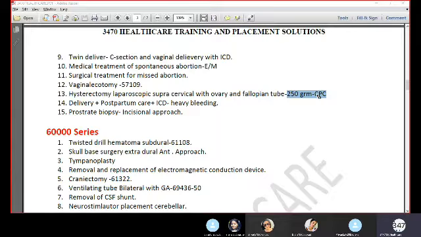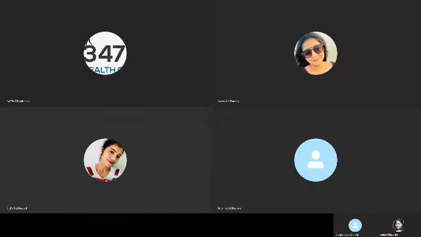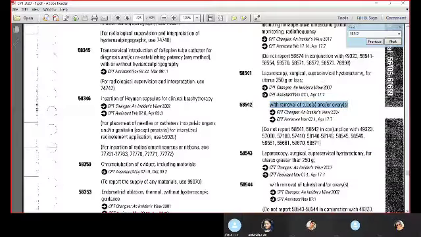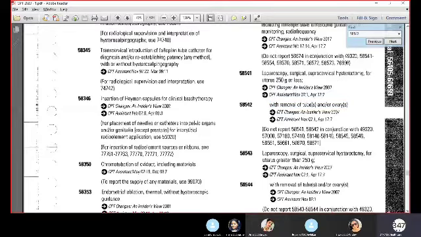So laparoscopic supracervical hysterectomy, 250 gram or less, with removal of ovaries, is this code. Okay. So you have to know this.